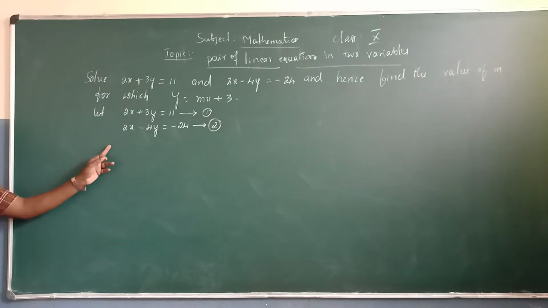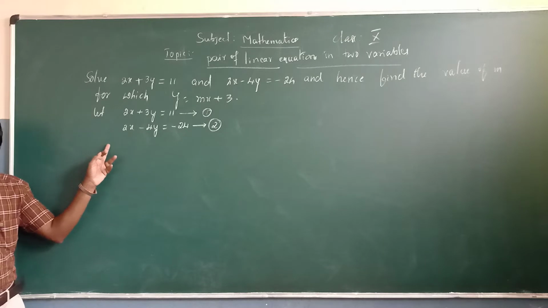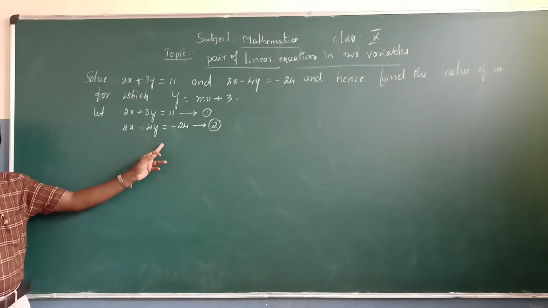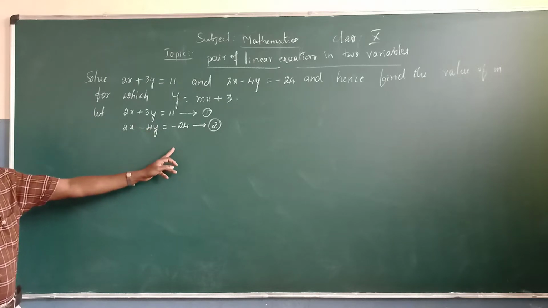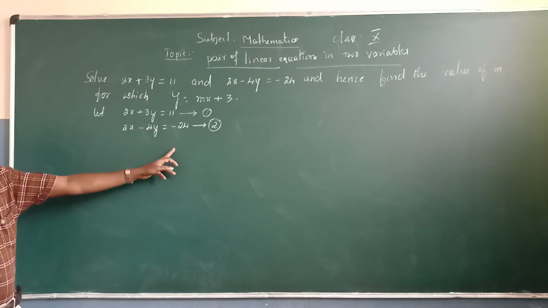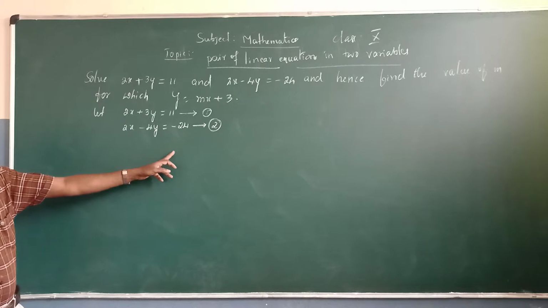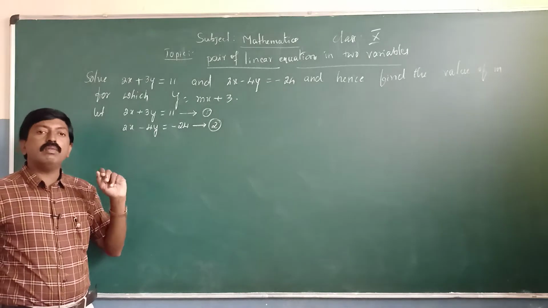Now here we have two equations. In these two equations we have to find the x value and y value. For that you can go for the substitution method. We have already studied the substitution method.